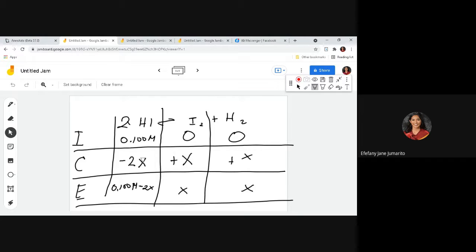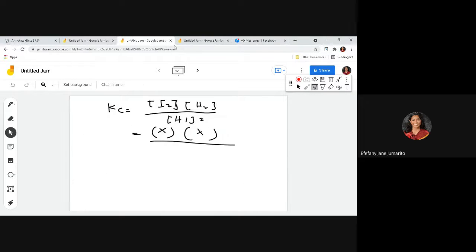So we know that at equilibrium, gisulat na nato, 0.100 molar minus 2x, but that is equal to given man siya, 0.078. Okay, we can write that one here. So Kc is x times x over 0.100 minus 2x, squared.